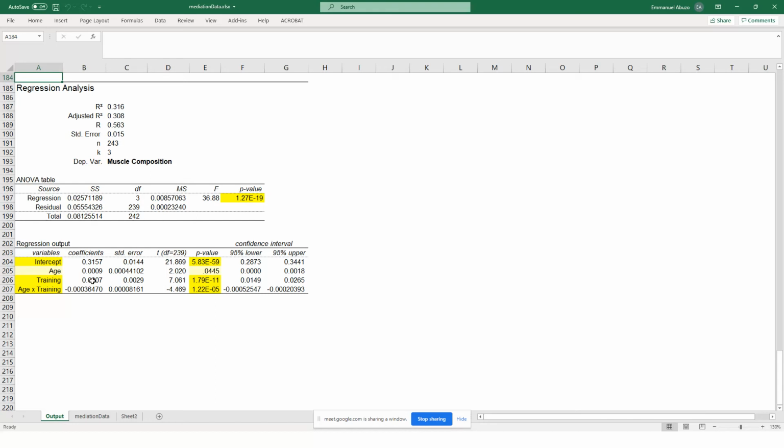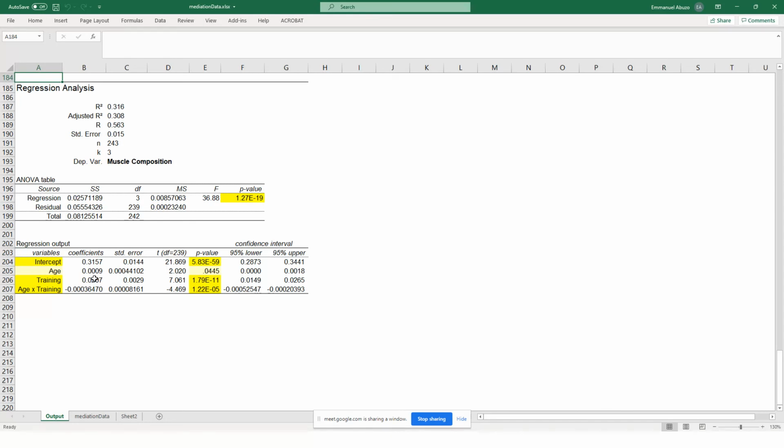On average, since it's positive, the participants gain 0.0009 percentage points per year.